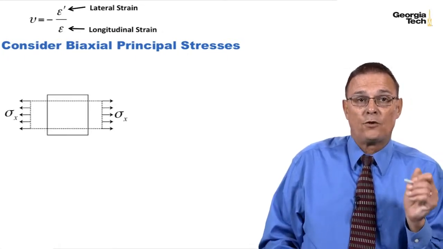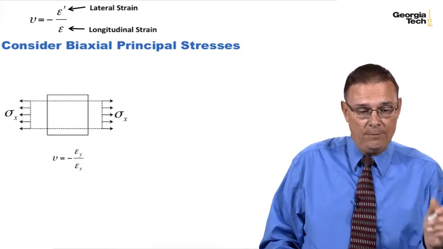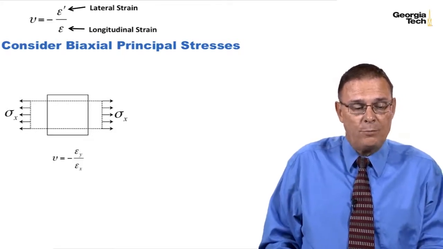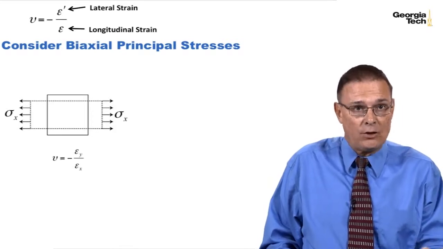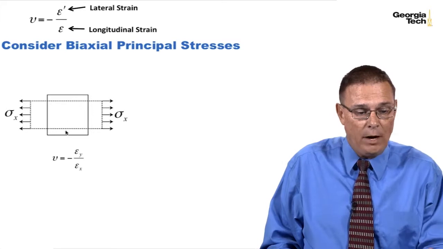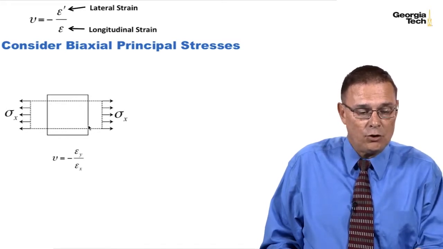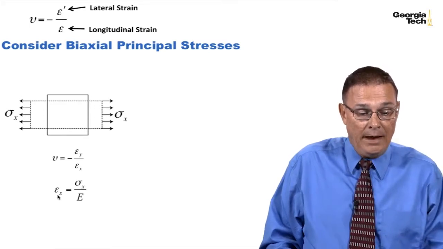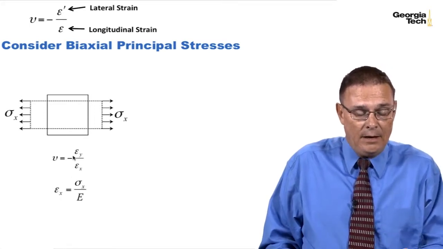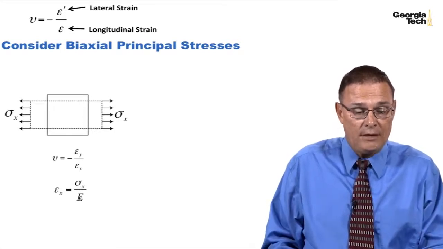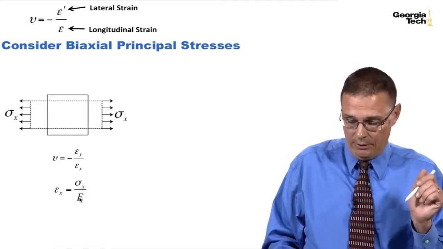Let's first stress it in the x direction. For the stress in the x direction, Poisson's ratio says the lateral strain will be the strain in the y direction, and the longitudinal strain is in the x direction, and this is the expression. Epsilon x is, by Hooke's law, sigma sub x, the stress in the x direction, divided by Young's modulus.